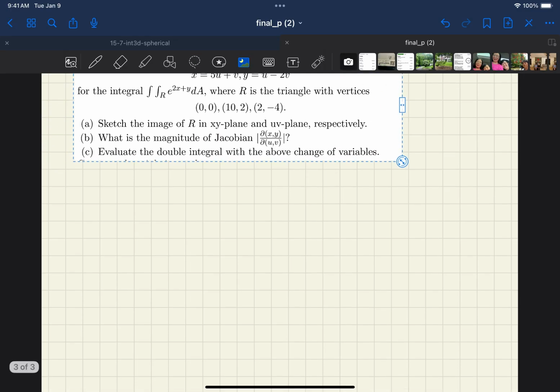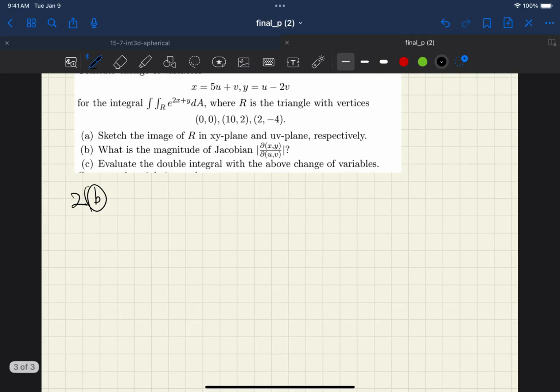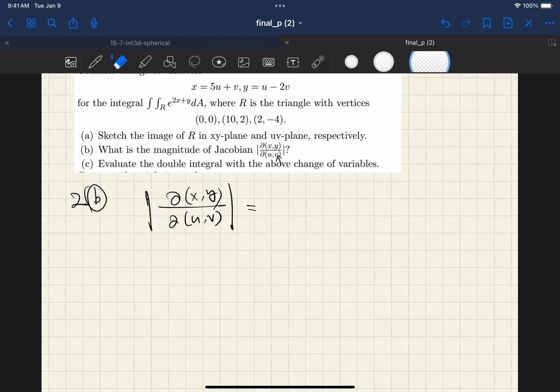So let's first look at number B. So inside this is Jacobian notation. This is absolute. Maybe we can first compute Jacobian.